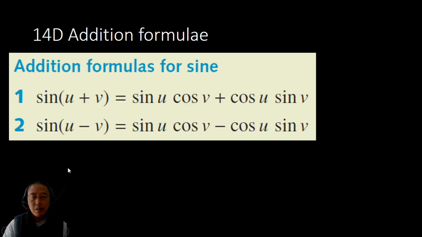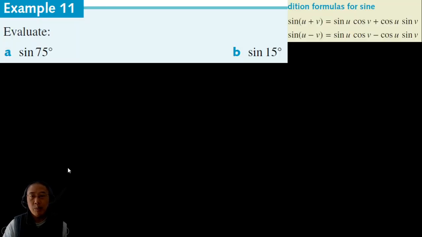So here are two examples using the sine. 75 is the same as before, so it's going to be 30 plus 45. For 15, you can't have a sum, so think about a difference, which is actually 45 minus 30. So 45 minus 30 is 15. You substitute over here.